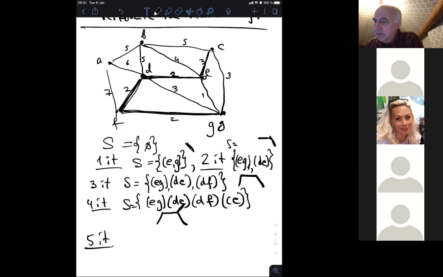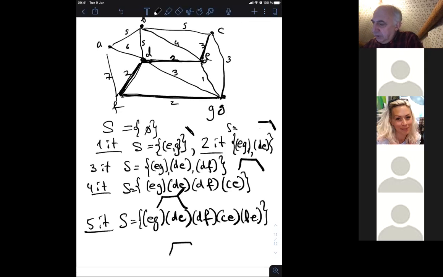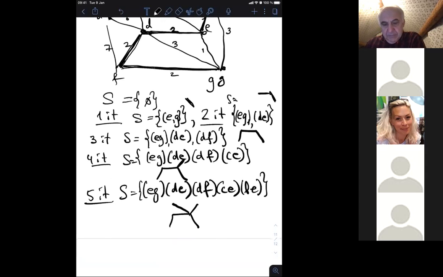It has length 4, yes, okay. So EG, DE, DF, CE, and BE. Okay, so it will look like this. And then we'll be adding an additional edge BE like that.